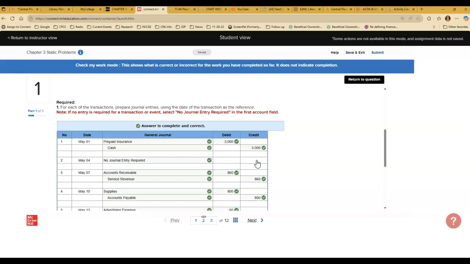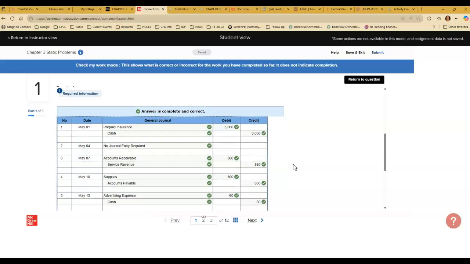So don't bring anything from Chapter 4 if you start Chapter 4 before the exam. Don't bring Chapter 4 into the first exam. You're going to mess yourself up if you do. Okay? So if we need preliminary net income, what we're looking for is earned revenues and incurred expenses, okay?